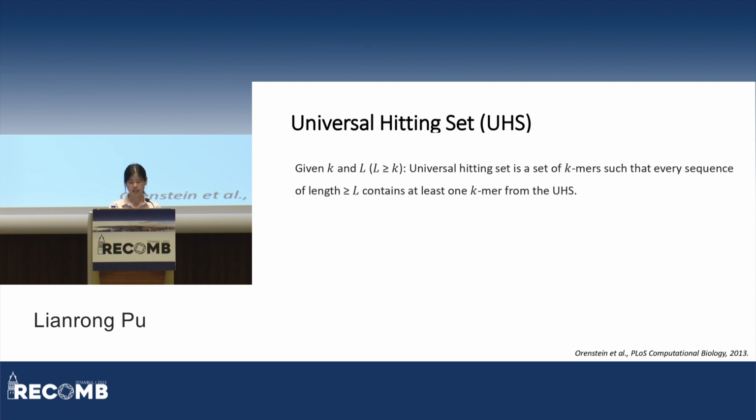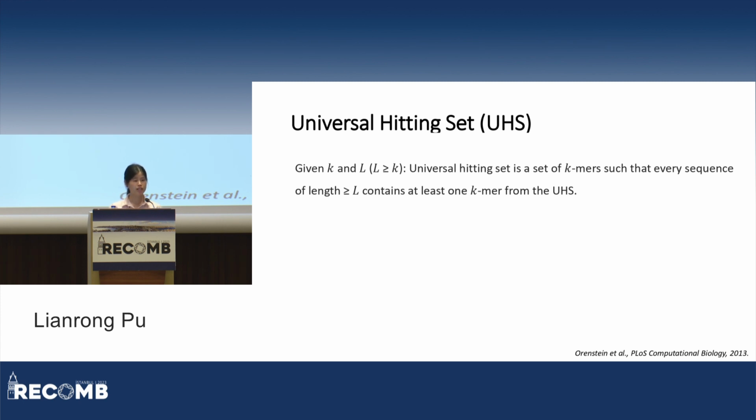In 2019, Yaron and his collaborators proposed a new concept called universal hitting set to further reduce the density. Given values of k and L, a universal hitting set is a set of k-mers such that every sequence of length at least L must contain at least 1 k-mer from the set.